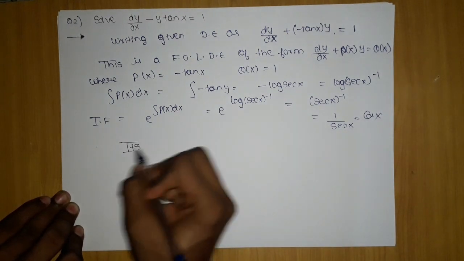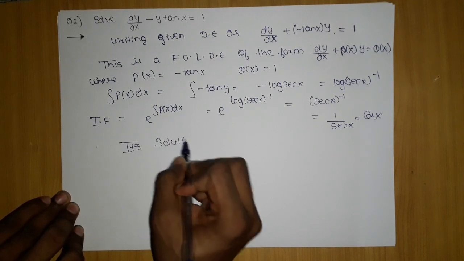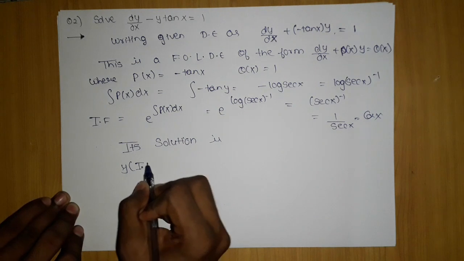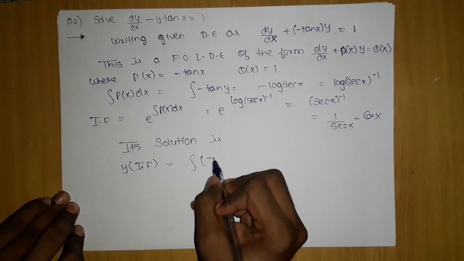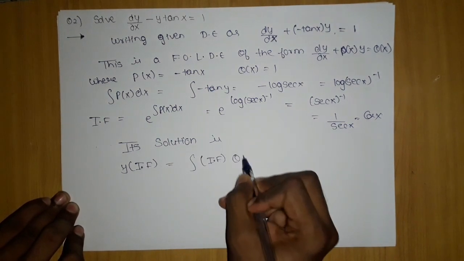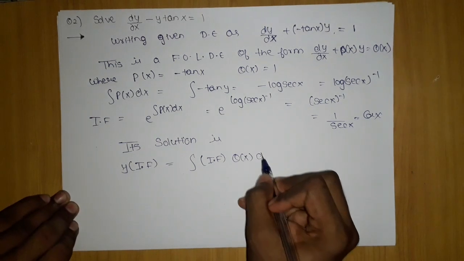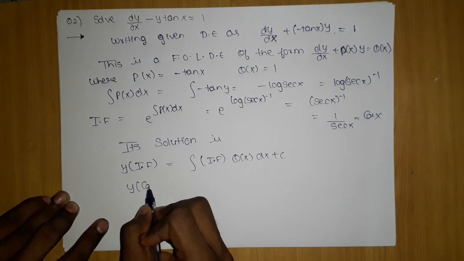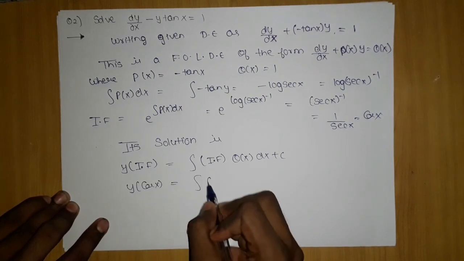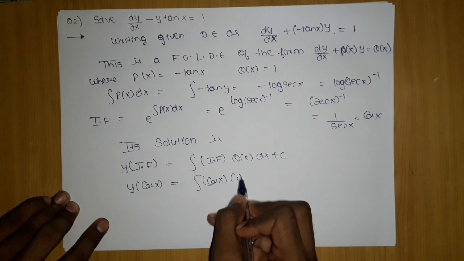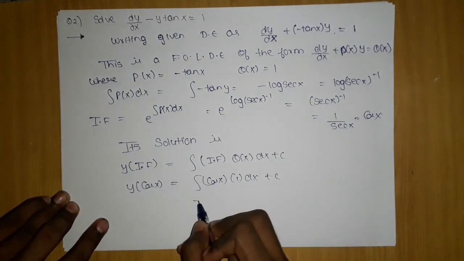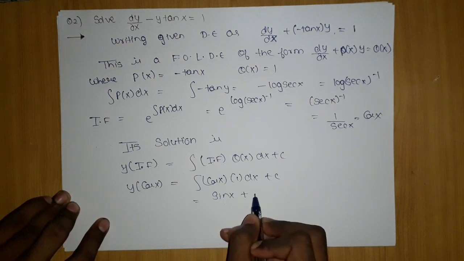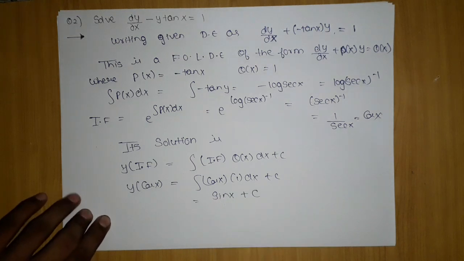So its solution is y into integrating factor equals integral of integrating factor into q of x into dx plus c. If you substitute, y cos x equals integral of cos x into 1 into dx plus c, and if you integrate, cos x gives sin x plus c. So this is our answer.